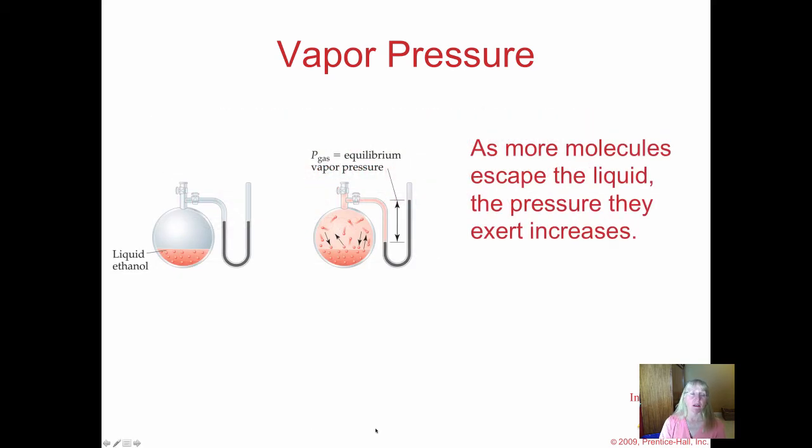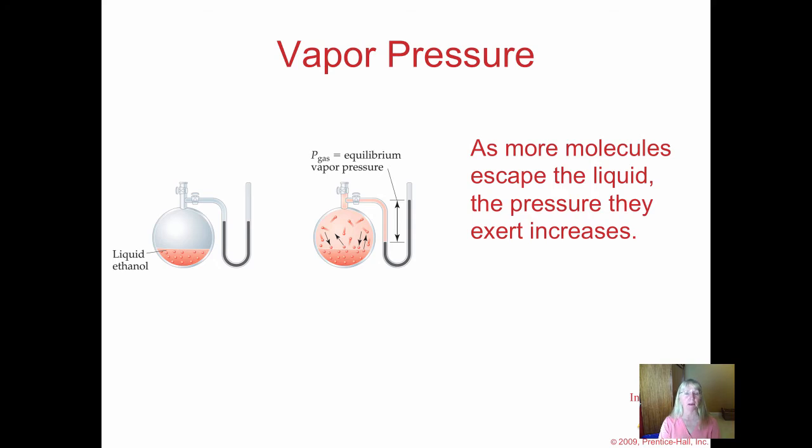Well, we can measure this thing called vapor pressure by taking something like, say, ethanol, a volatile substance with relatively low intermolecular forces, and putting it inside a container with a manometer apparatus attached. Some molecules will begin to escape the liquid, and the pressure inside, as you can see, has now increased.